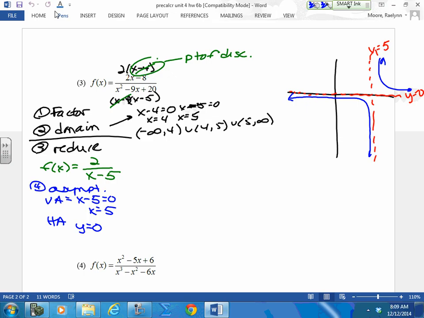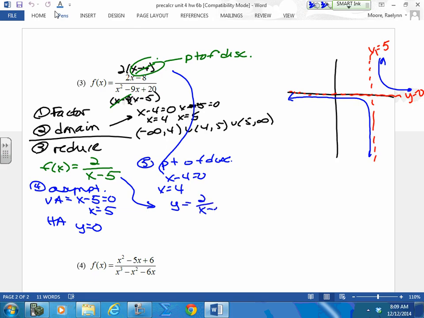So let's do your point of discontinuity so that everybody's with us here. Your point of discontinuity is this guy. We need to find its y. So use this reduced one. Plug in your 4.